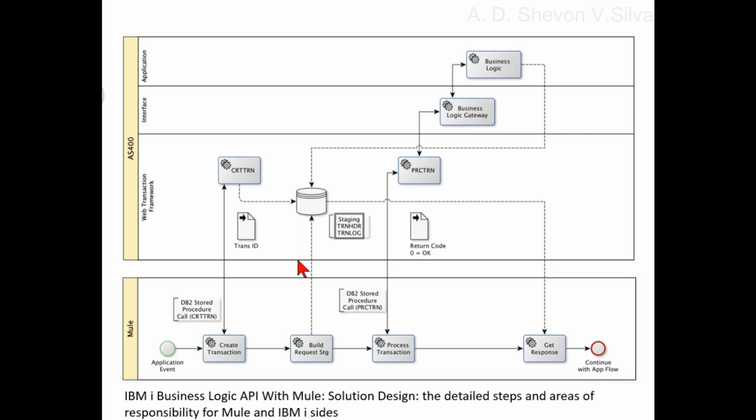Mule optionally calls the WebTF stored procedure PRCTRN to process the transaction. Mule optionally retrieves response data from DB staging tables. Mule transforms the response data into the API response format.